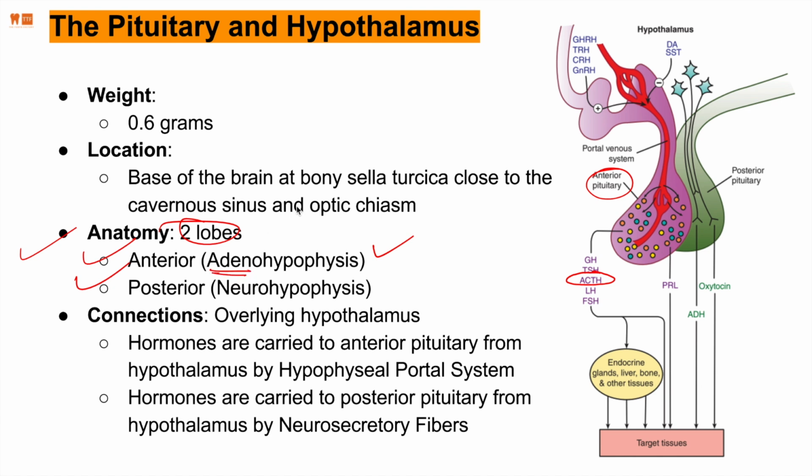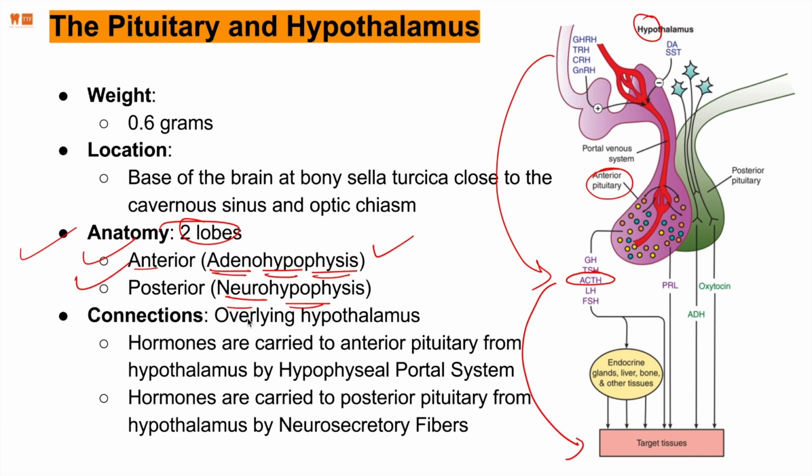Now it doesn't mean it's related, it's just some way of remembering. Anterior adeno ACTH. Hypo means below, and physis, okay? Hypophysis. It's a part of a communication mechanism from hypothalamus to the pituitary, pituitary to the target tissues, and posterior is neurohypophysis. It's just below the brain itself.